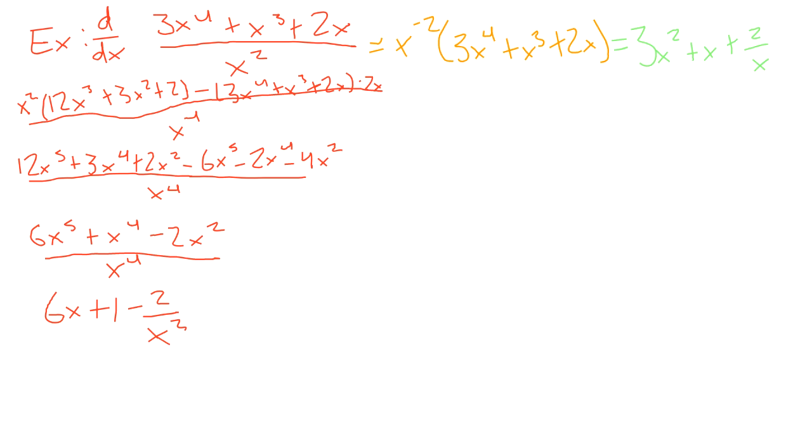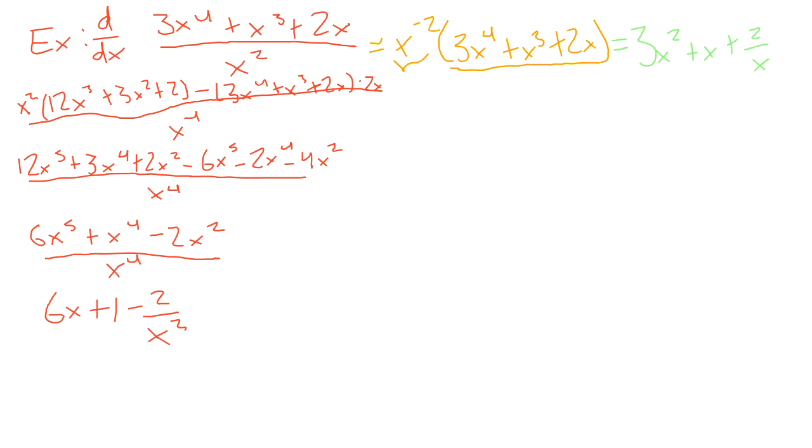Now let's try this again with our product rule. We can let x to the negative 2 be our f, and we can let 3x to the 4th plus x cubed plus 2x be our g.